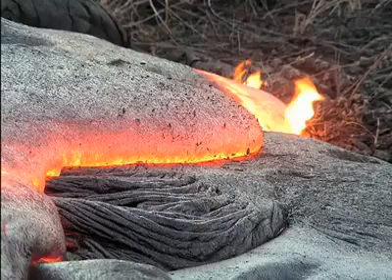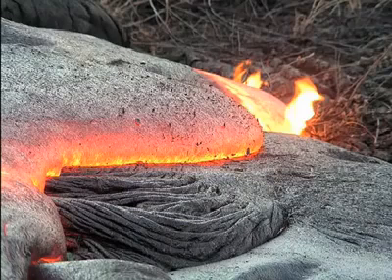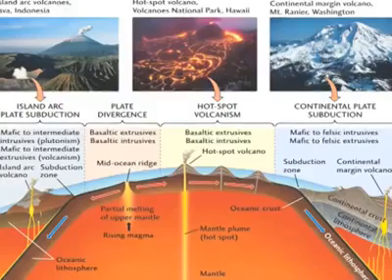So there are felsic, intermediate, basic, and ultrabasic lavas, but the latter are very rare. As depicted on this slide, the types of extrusives found are associated with particular environments.